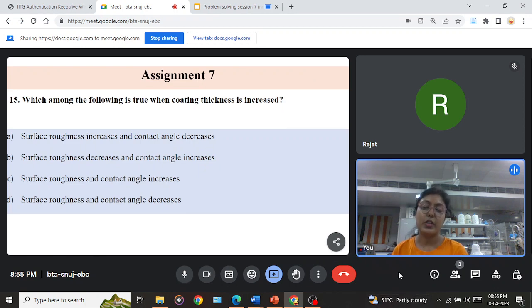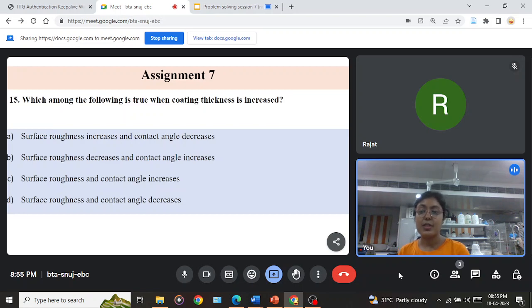This is the last question for today's session. Which of the following is true when coating thickness is increased? Usually, when the thickness of the coating is increased, what happens to the surface roughness and contact angle?